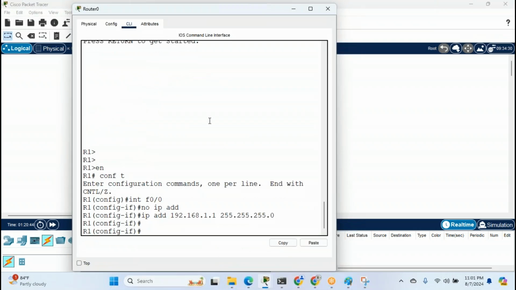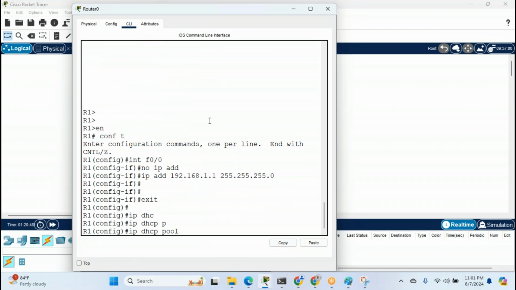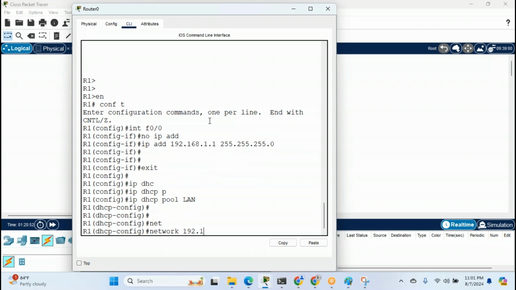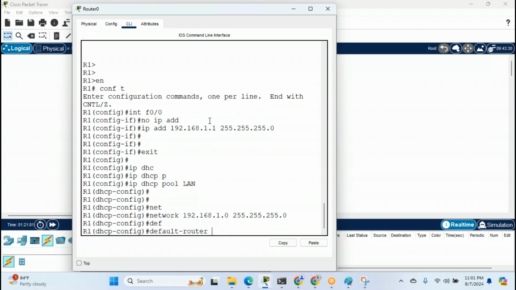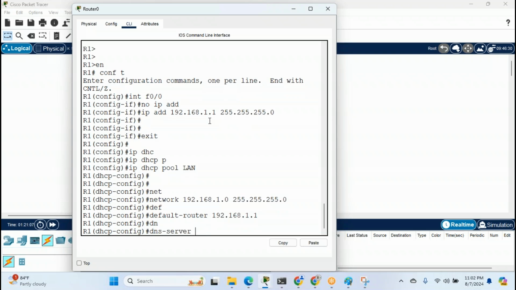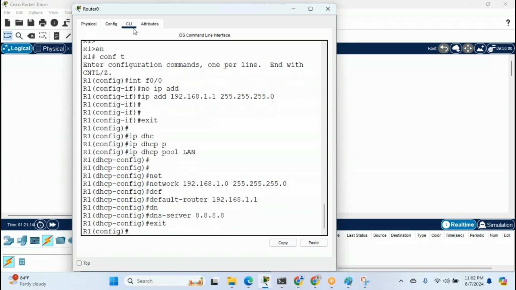The second option: if we configure the DHCP server on this device, let's say ip dhcp pool LAN. Our network is 192.168.1.0, 255.255.255.0. Default router is 192.168.1.1, and then we say DNS server is, let's say, 8.8.8.8, and exit.